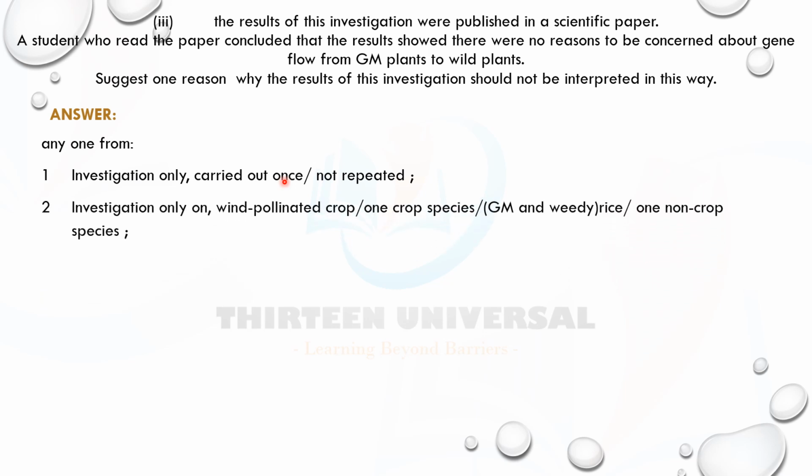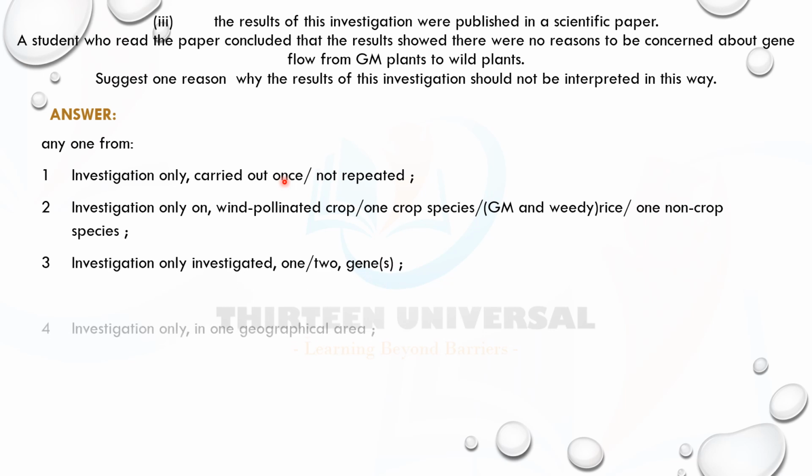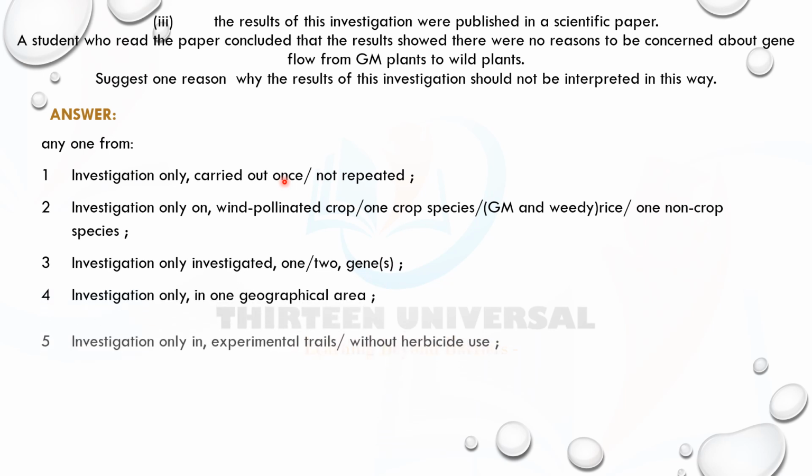These things have to be done separately, and we need to do more statistical tests. So I tell him not to be quick in judgment because the investigation was only carried out once, only on one gene, only in one geographical area.